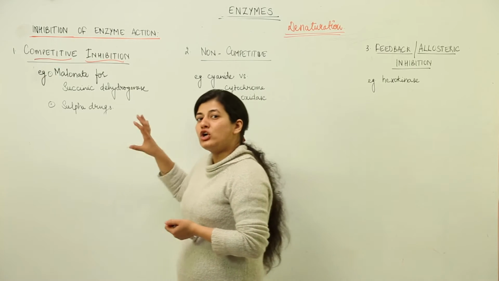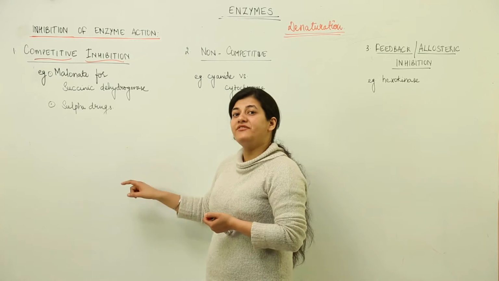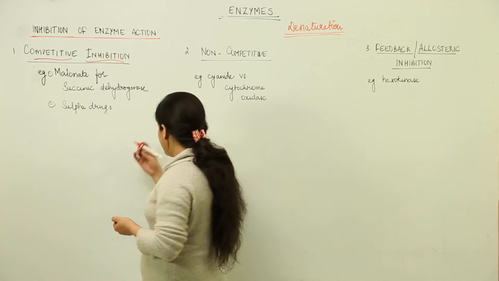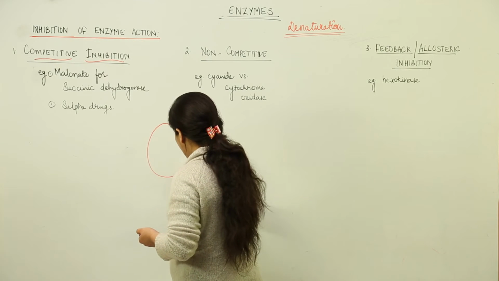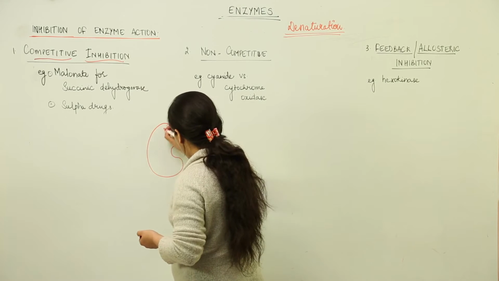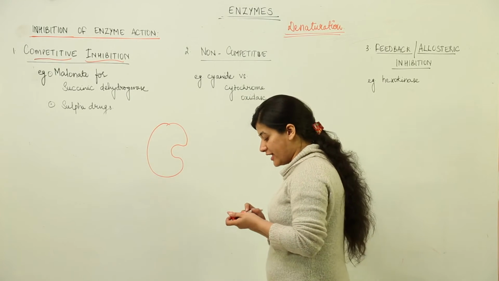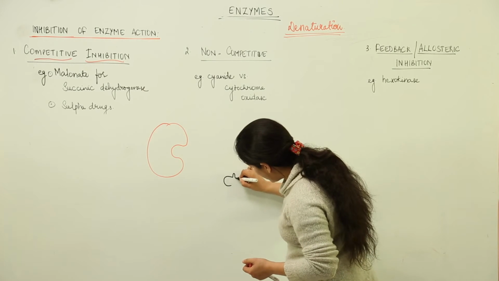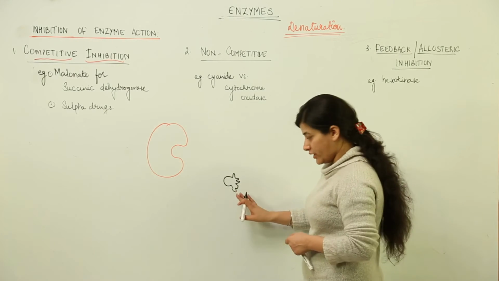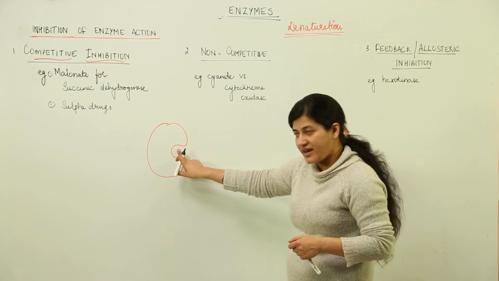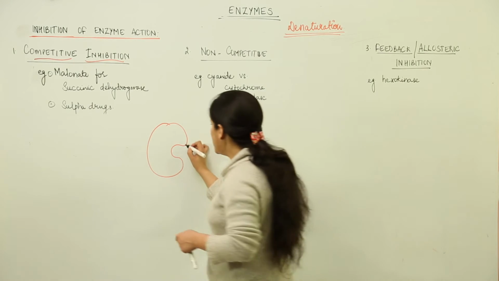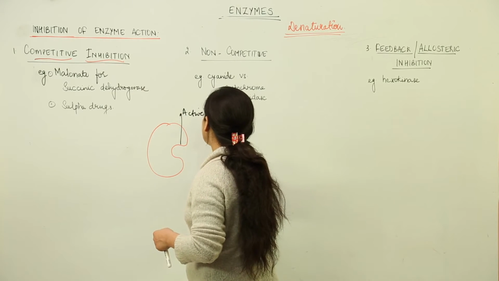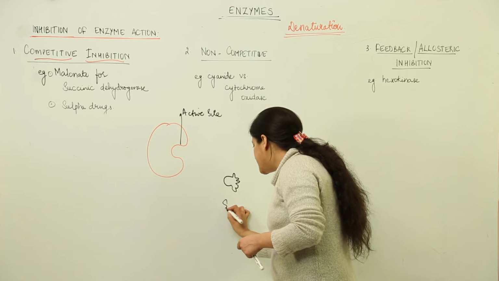Over here, the competitive inhibitor has the same structure as that of the substrate. Suppose I have this enzyme with this active site, the binding site as we call it. This is my substrate, which has a shape of this sort.